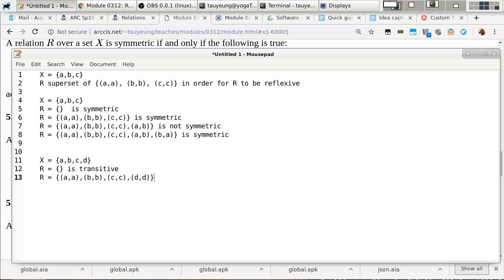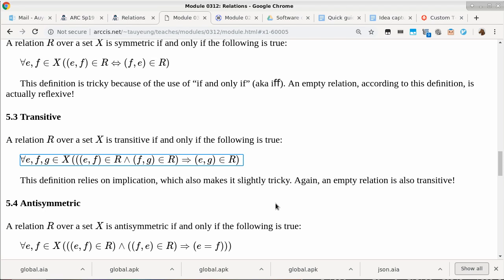So no matter what you choose as E, F, and G, the only way to make this side true is to choose the same value for E, F, and G. You can choose A for all of them because AA is in R, AA is in R, but guess what?